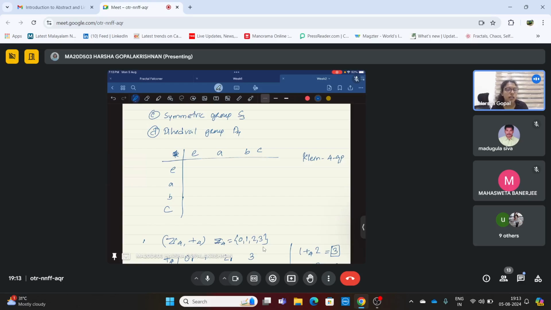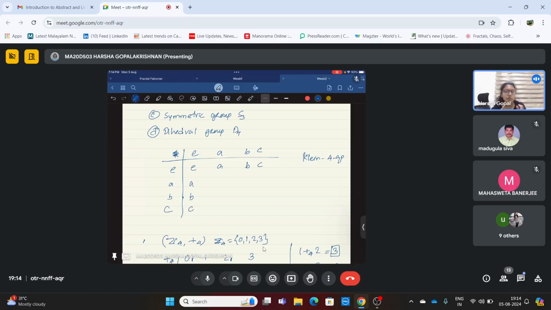Using this table notation only, I can properly define the star. I am defining A star B for all A and B in the group. Here E is the identity. So E multiplying with any element will give the same element. In the same way, here also AE, BE, CE.